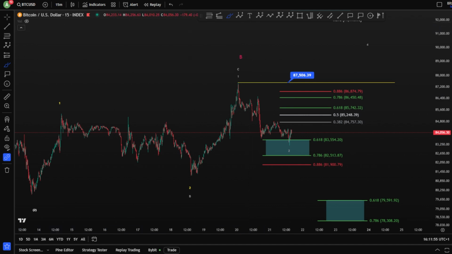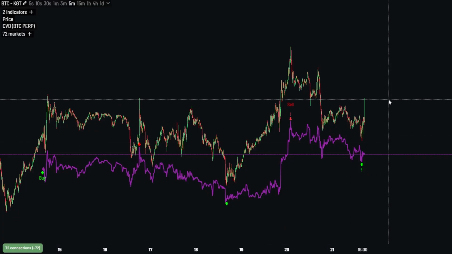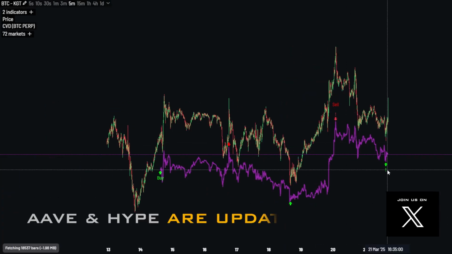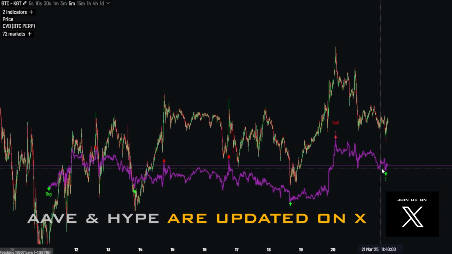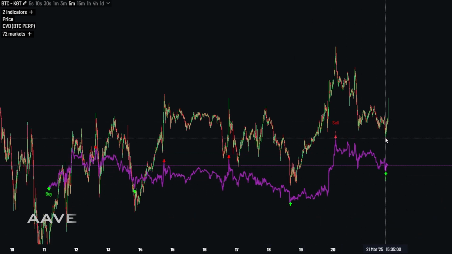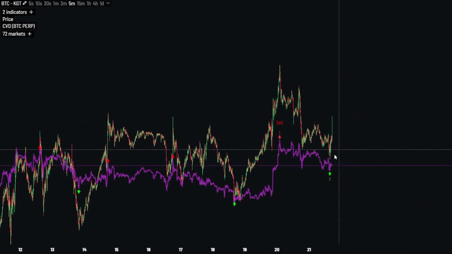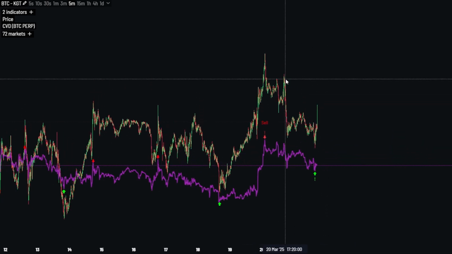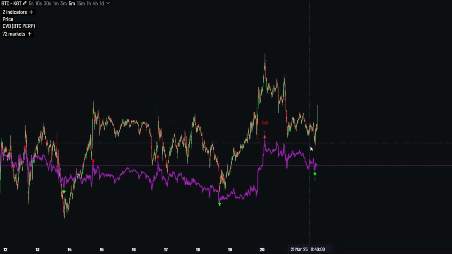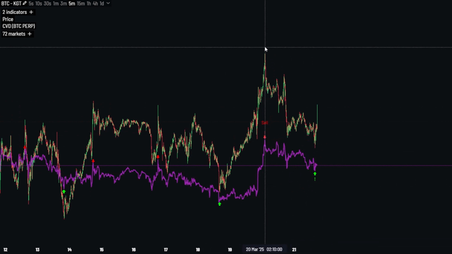If we take a look also at the KGT, we have a bullish signal here, but it is not in divergence yet. It's not in divergence, but it might unfold this wave 2 that I was talking about in Elliott wave, where we see 1, 2, 3, 4, 5 for wave 1, A, B, C toward the upside for a wave 2 or a wave B. No divergence means we will not take the highs.